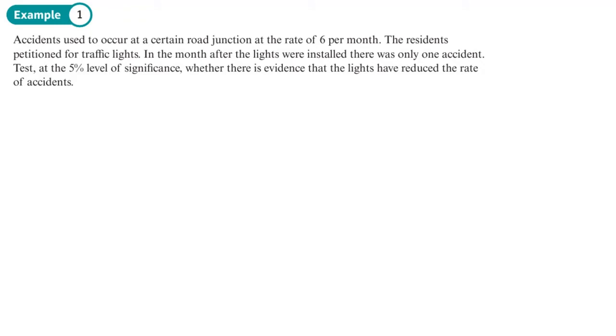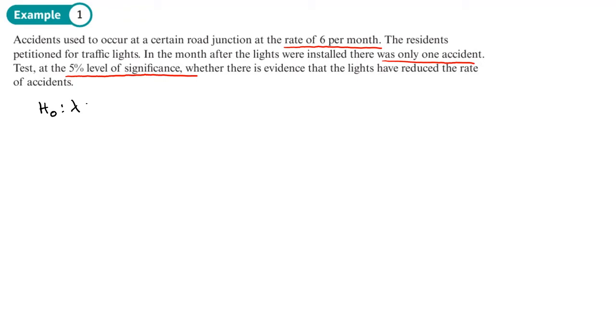Right, accidents occur at a certain road junction at a rate of 6 per month. The residents petitioned for traffic lights. In a month after lights were installed, there was only one accident. Test at the 5% significance level whether there's evidence that the lights have reduced the number of accidents. So H0, we assume that the mean rate hasn't changed.